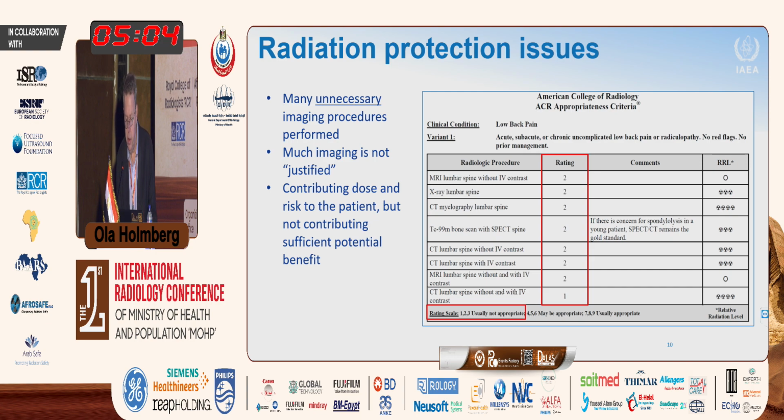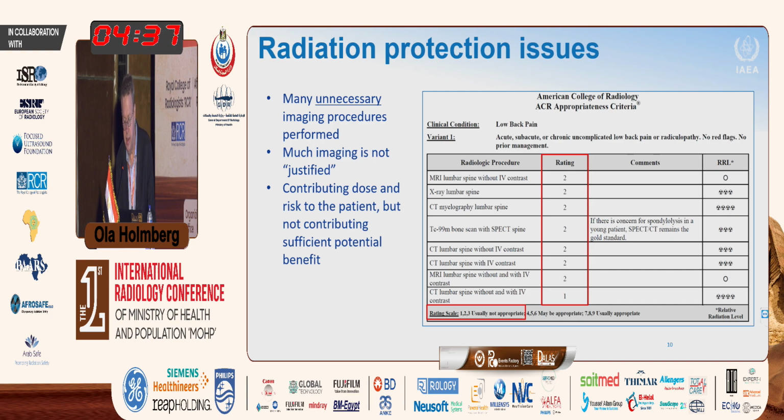So they're not considered as being justified, and they may add more risk than potential benefit to the patients. And we're hearing more about this justification issue in this session. So in essence, they're contributing dose and risk to the patient, but they're not contributing sufficient potential benefit.